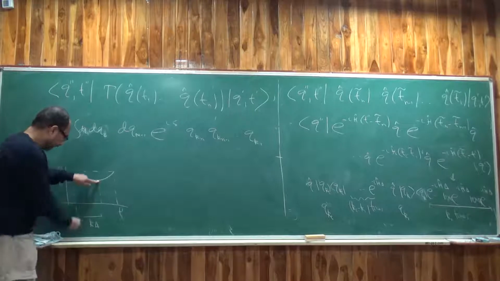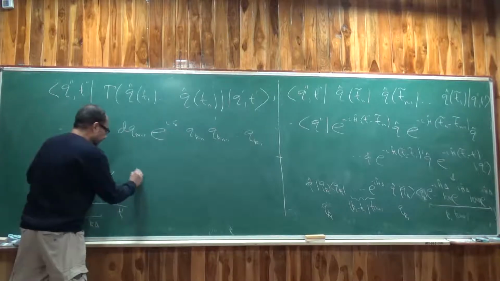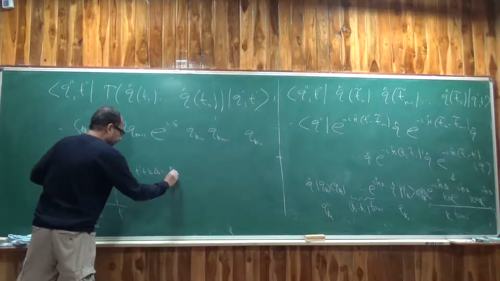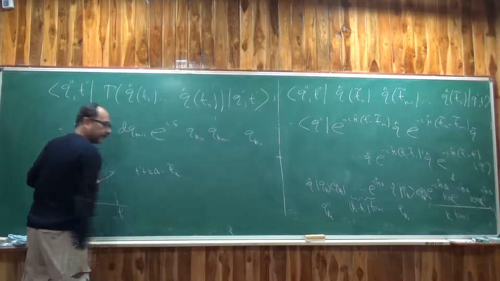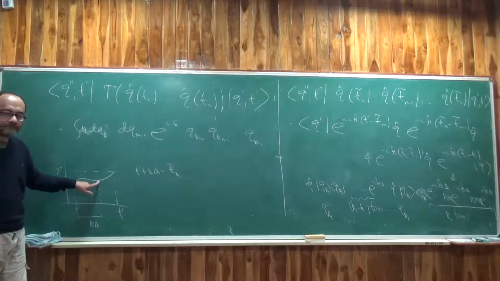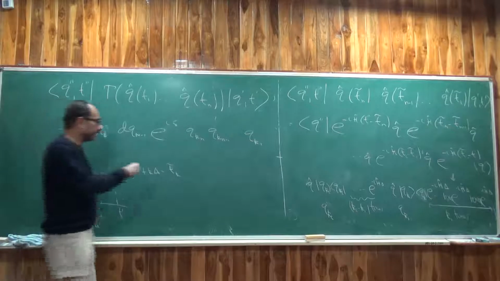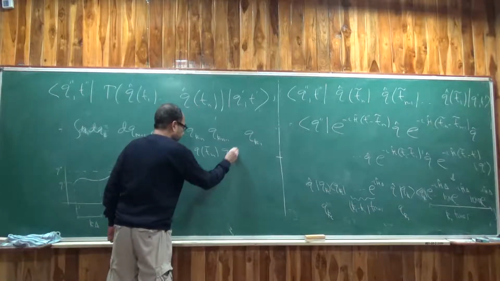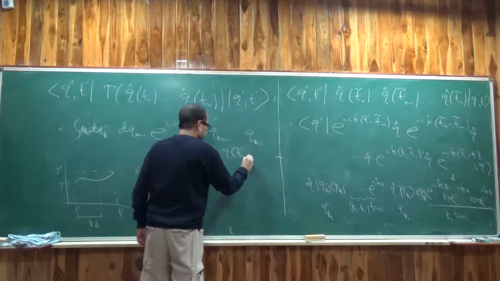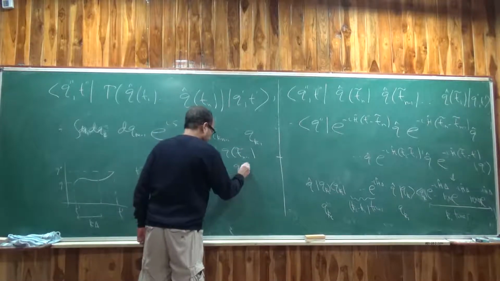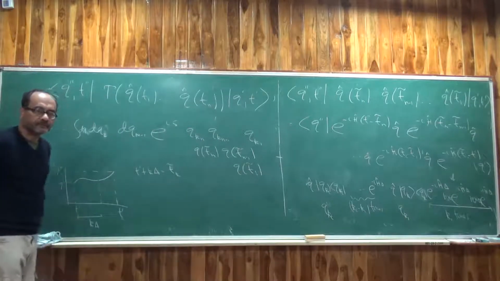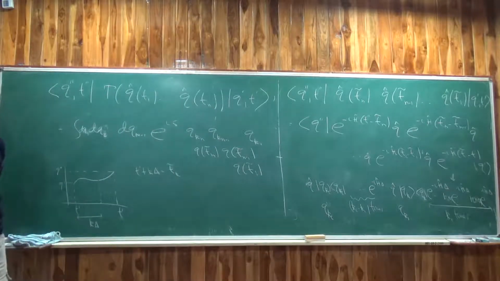But t prime plus k delta is our t tilde k. So this then I can write as q of t tilde n, q of t tilde n minus 1 up to q of t tilde 1. That's the interpretation in terms of the paths.